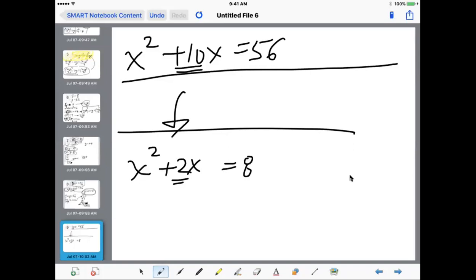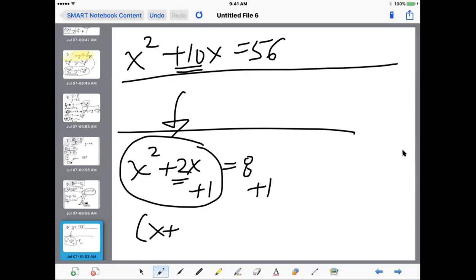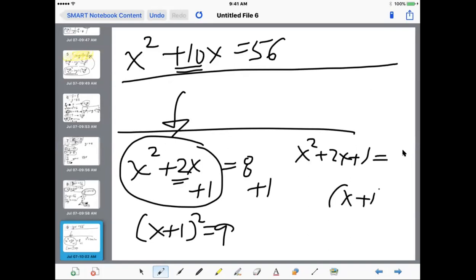It's not related to the top one. And that's right, you add 1 to both sides. And the Babylonians were very aware that x squared plus 2x plus 1 was the same thing as x plus 1 squared. That's another fact they had. They knew x squared plus 2x plus 1 is the same thing as x plus 1 squared.